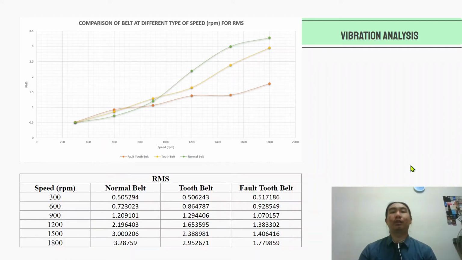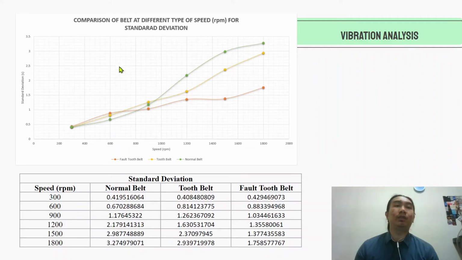As for RMS, the graph shows that the normal belt has a higher RMS at the end of the speed, which is 1800, followed by the tooth belt and fault tooth belt.